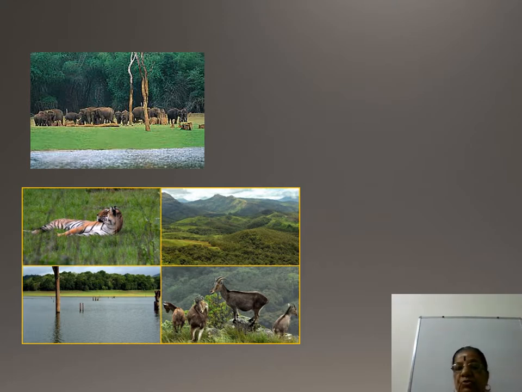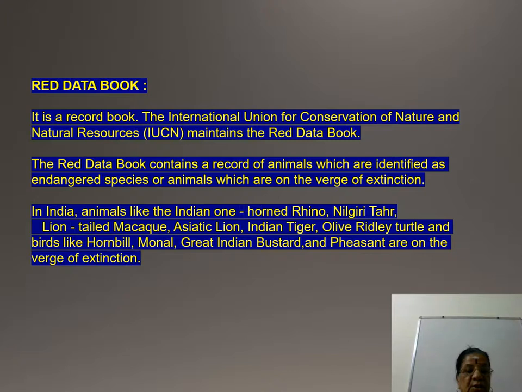Right? The next one, it is the red data book. It is a record book. The International Union for Conservation of Nature and Natural Resources, IUCN, maintains the red data book. The red data book contains a record of animals identified as endangered species, or animals on the verge of extinction.